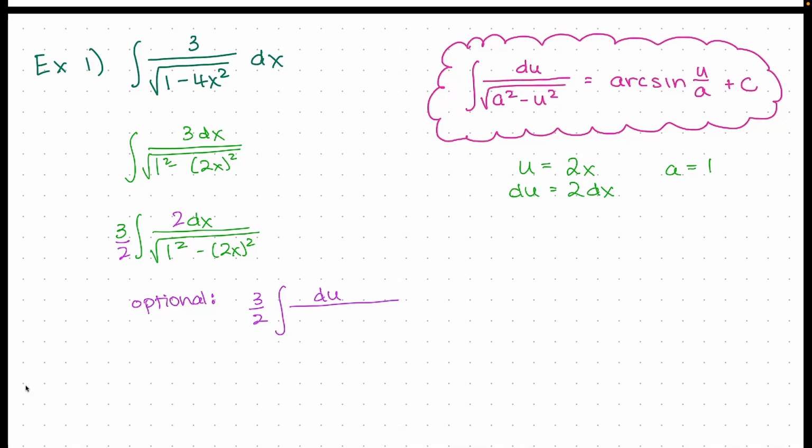If a is 1, then I can rewrite 1 squared as a squared. And then I have minus. And if u is 2x, then I can write 2x squared as u squared. And now you can see it's a perfect match for our formula. We just have that 3/2. But you don't really have to do that if you don't want to.